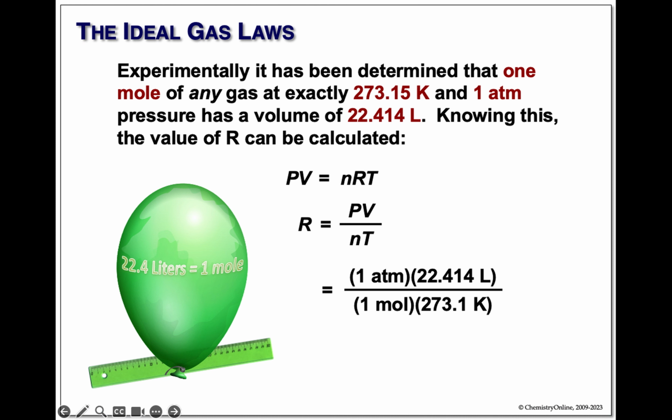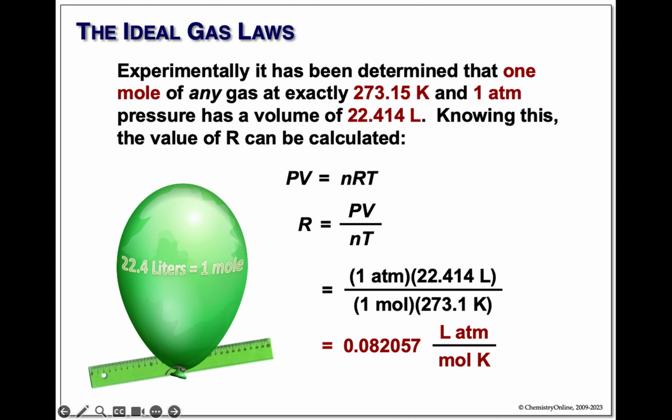Little red X's would appear everywhere. They don't. If we multiply it all out, we get the ungodly answer of 0.082 with units of liter atmosphere per mole per Kelvin. I can't remember this either. So if you ever need it on a quiz or exam, it'll be there.